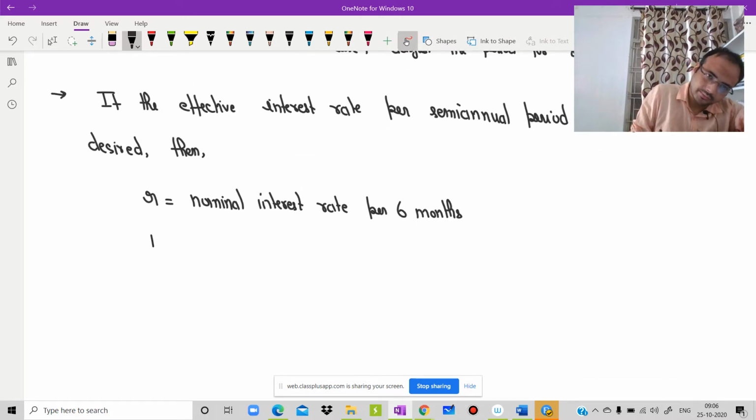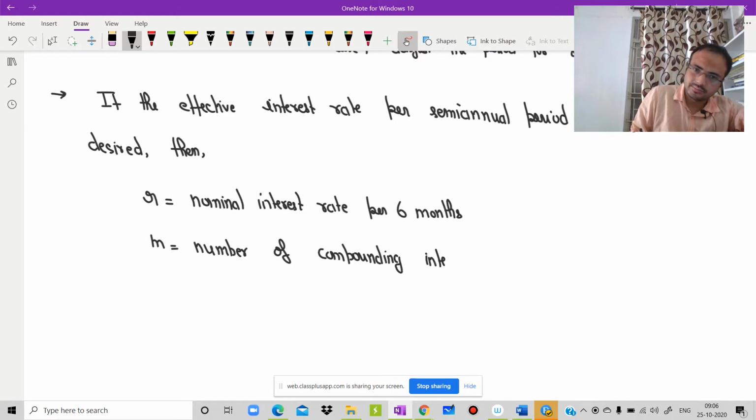M is the number of compounding periods per 6 months.